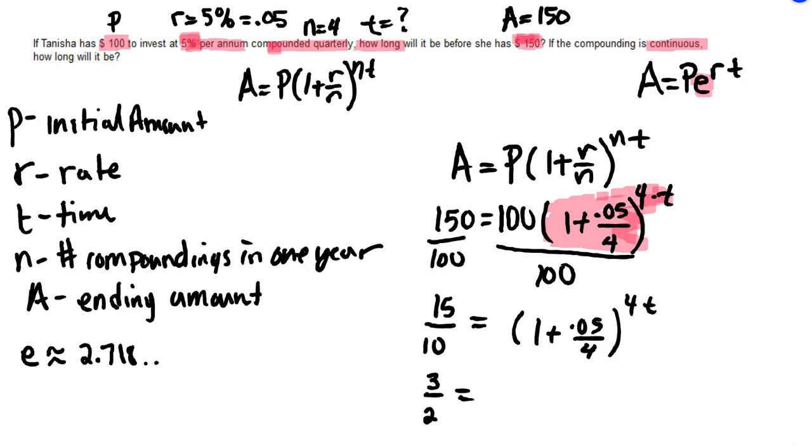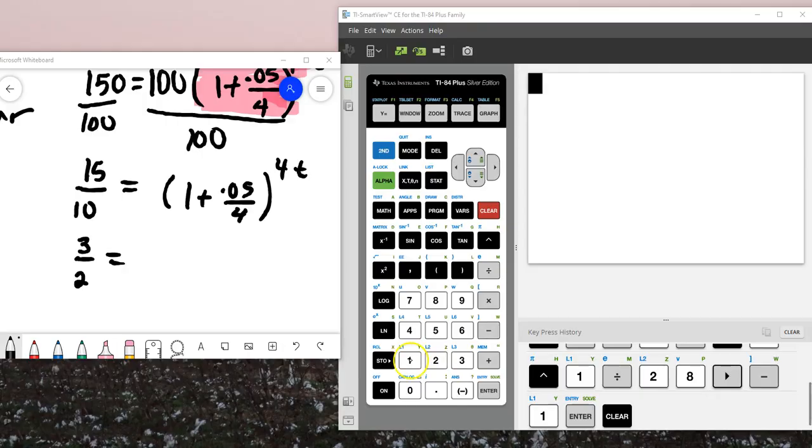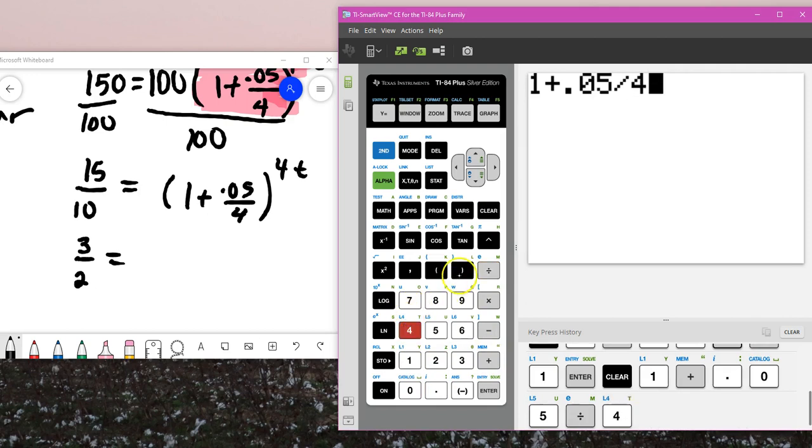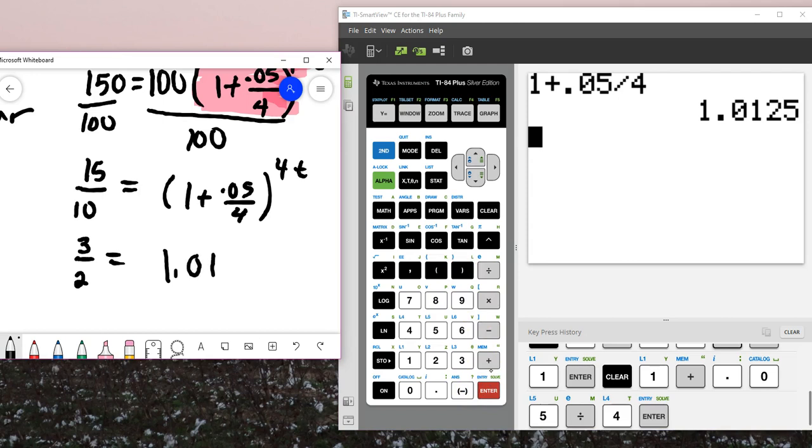And let me use my calculator to simplify this decimal. That's 1 plus 0.05 over 4. And so we have our base being 1.0125, and that's all to the 4t.